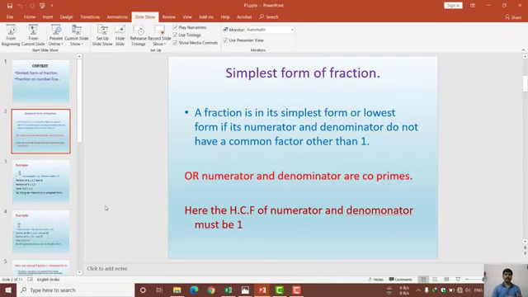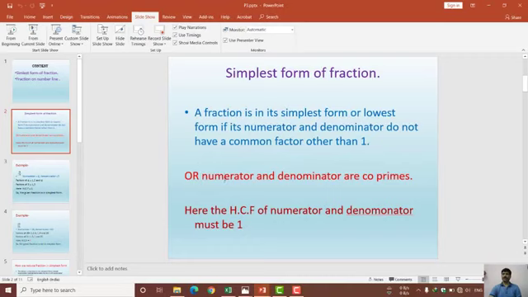A fraction is in its simplest form or lowest form if its numerator and denominator do not have a common factor other than 1.